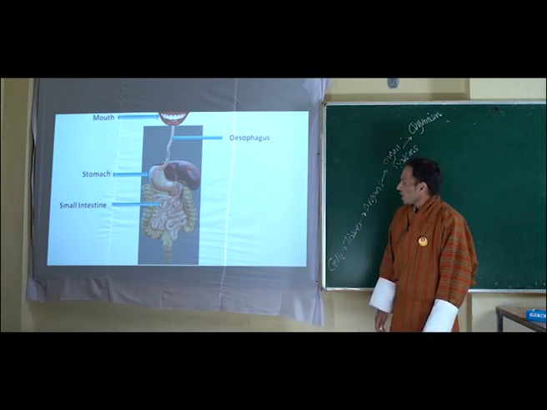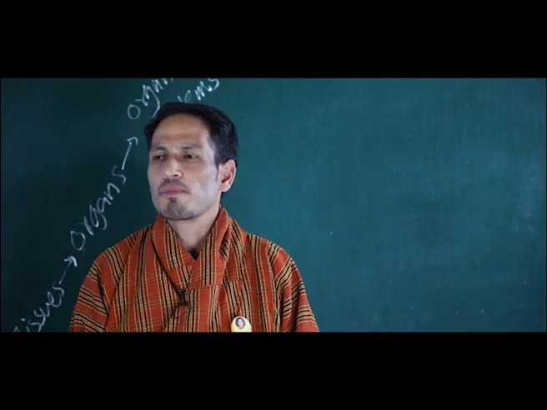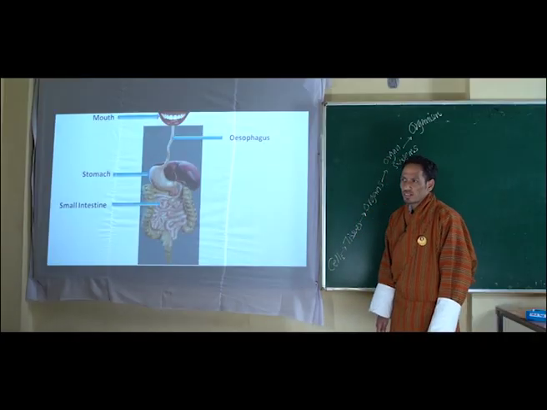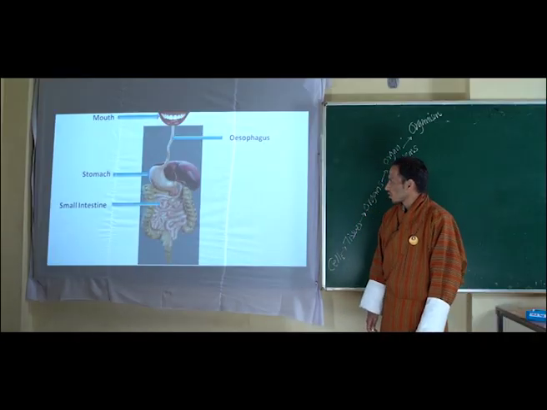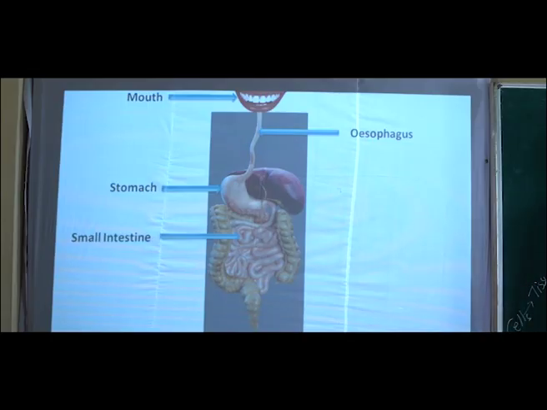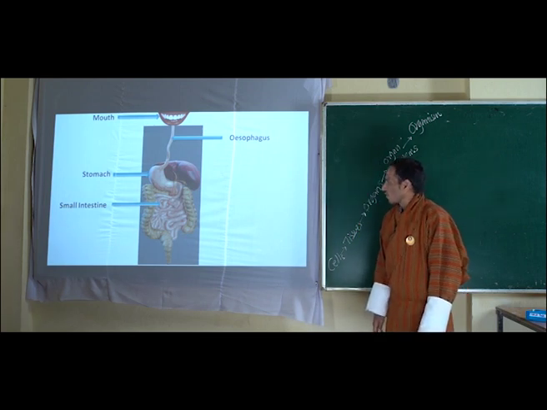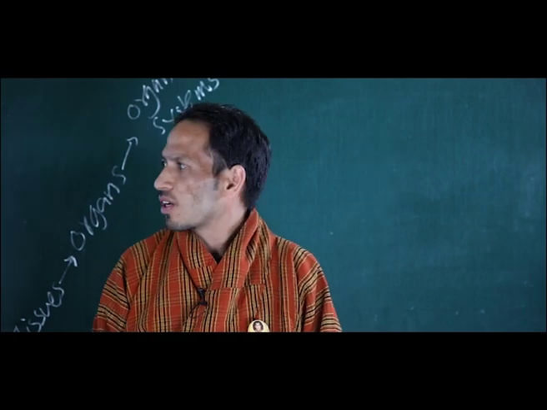And after the digestion, the smaller units of the digested food like the glucose, the amino acids, the fatty acids and glycerol are absorbed by the lining of the intestine. The lining of the intestine consists of villi which can absorb the digested food.